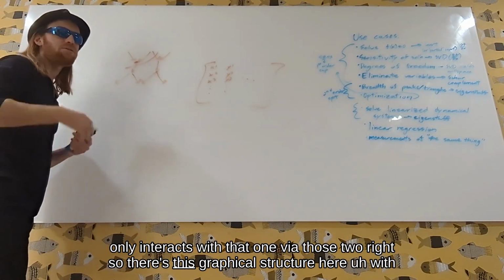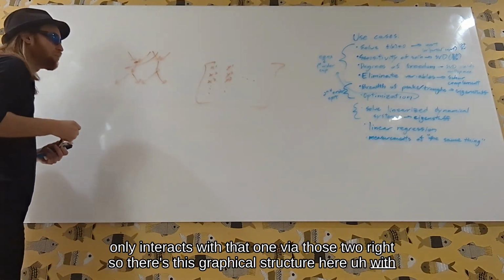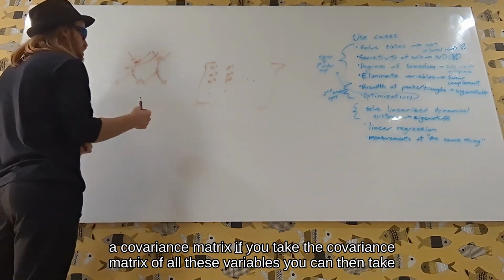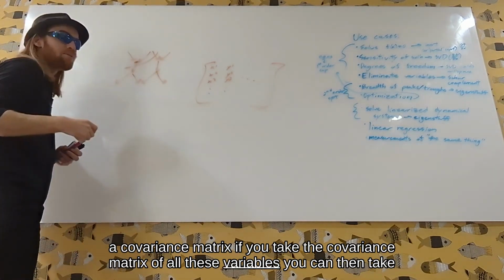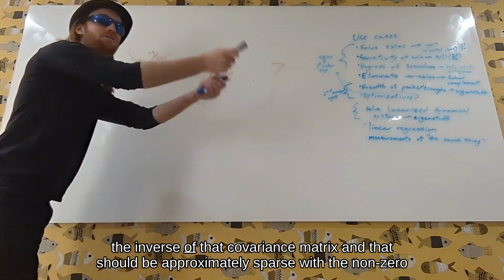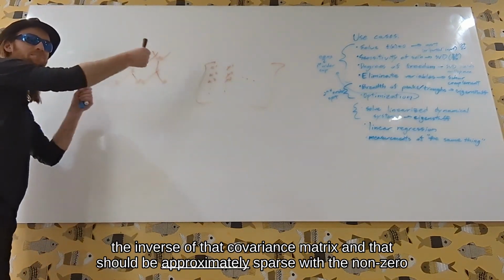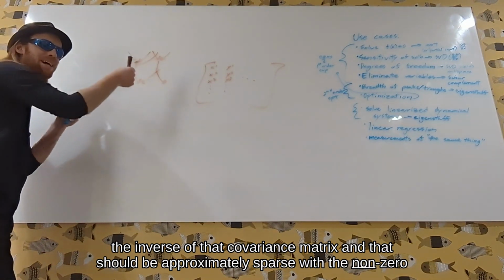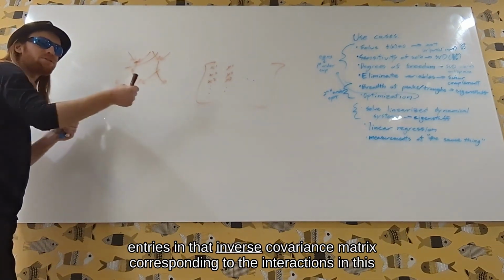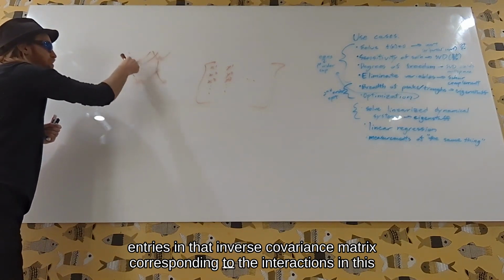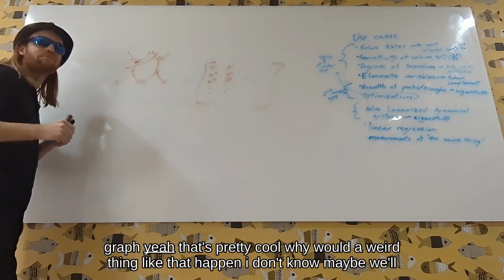So there's this graphical structure here. If you take the covariance matrix of all these variables, and then take its inverse, that inverse should be approximately sparse, with the non-zero entries corresponding to the interactions in this graph.